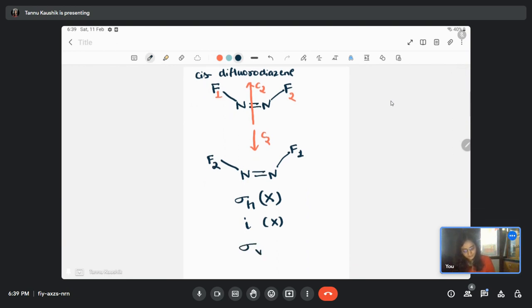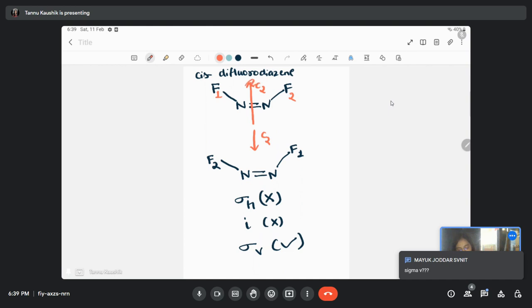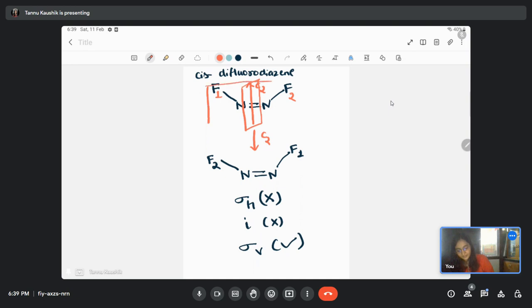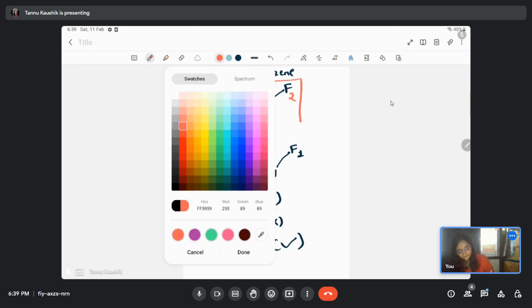And do we have vertical planes? Yes, we have sigma v. Vertical planes like this and the plane of the board.